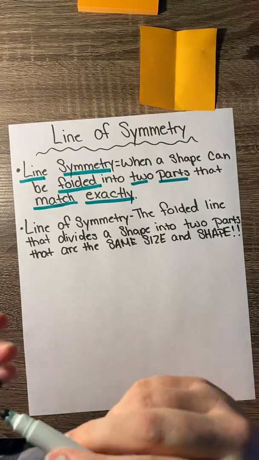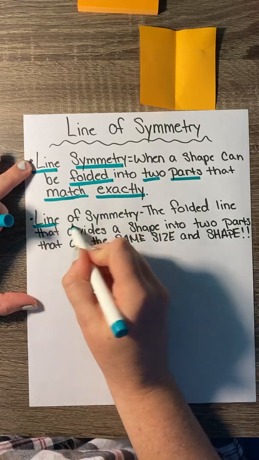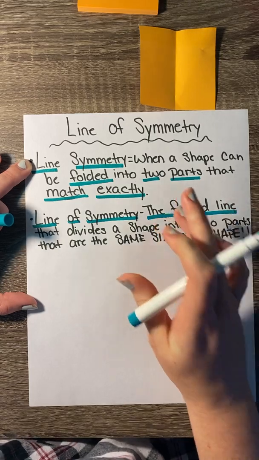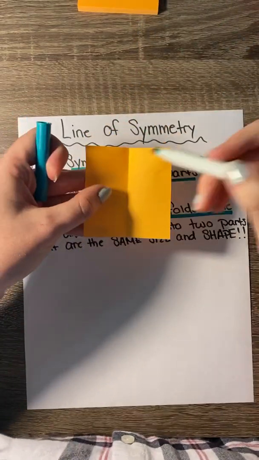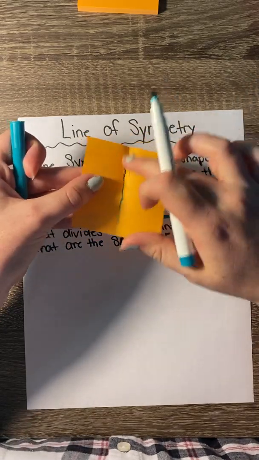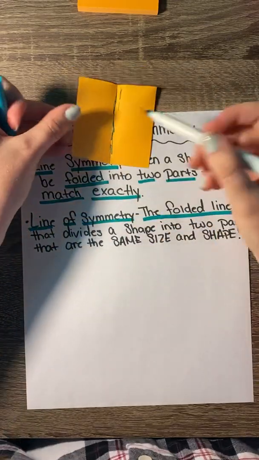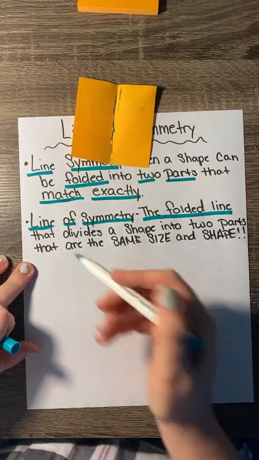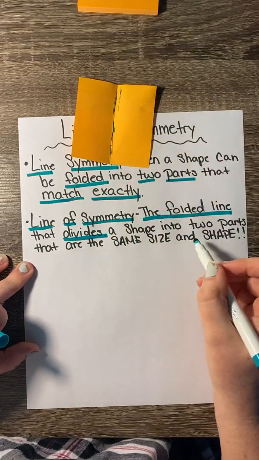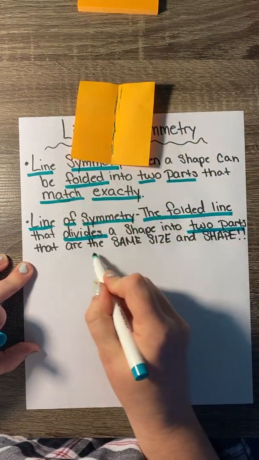So let's underline some things in this one. First, underline our term, line of symmetry. The folded line, so this line right here in the middle, that is our line of symmetry because that is the line that it's folded on. And that folded line divides our square into two parts, two parts that are the same size.